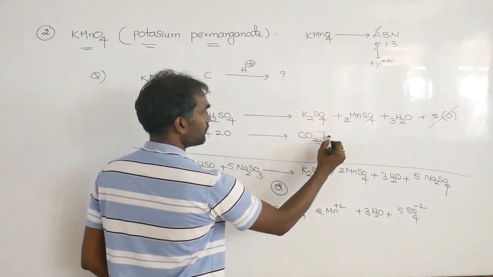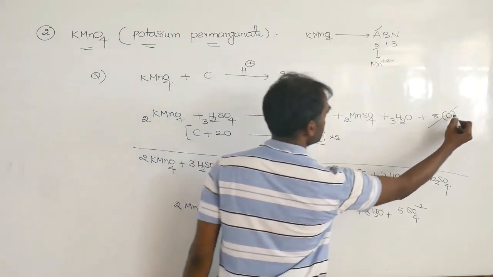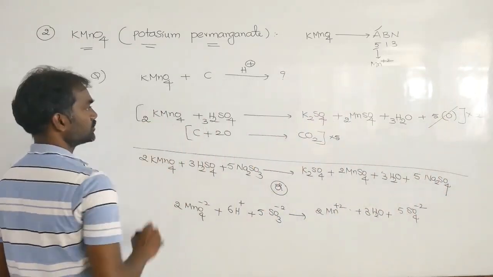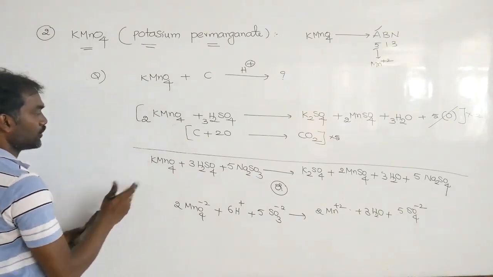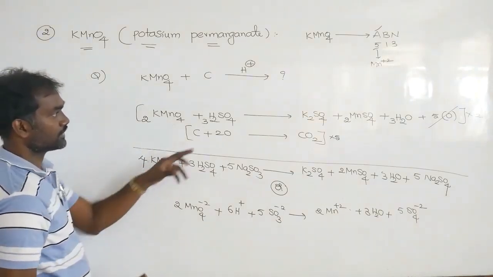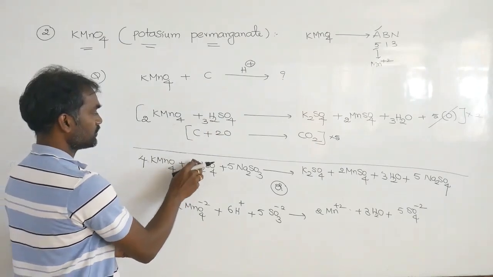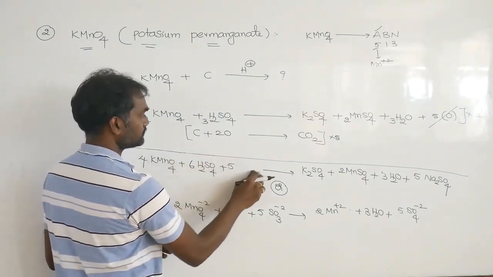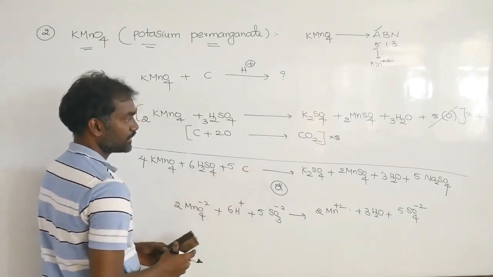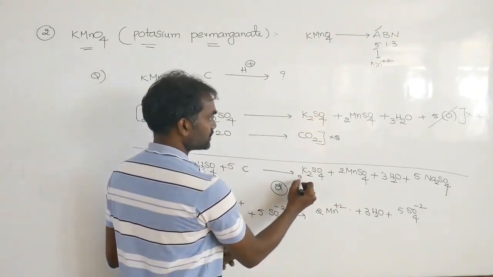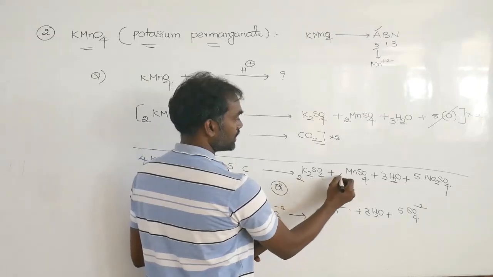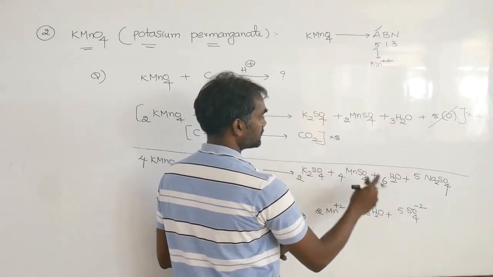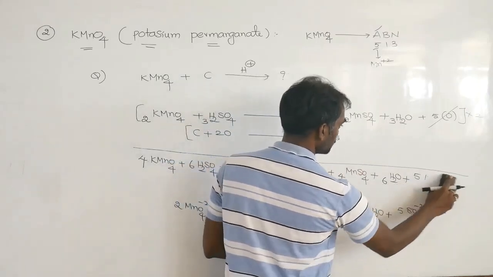This is multiplied with 5, this is multiplied with 2. So in total 4 KMnO4, 6 H2SO4, 5 carbon. Next 2 K2SO4, 4 MnSO4, 3 2s are 6 water. Next 5 CO2.